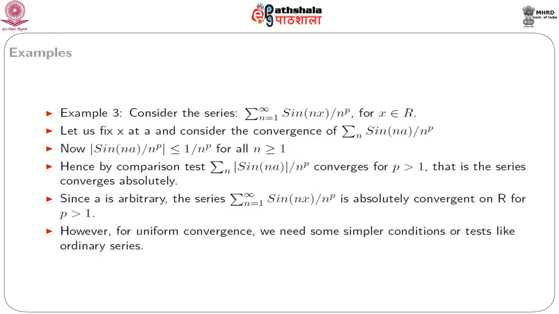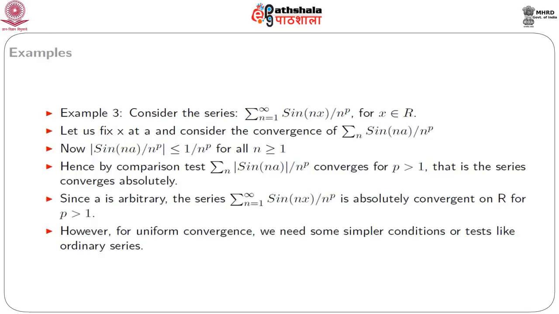Next, consider the series with the nth term as sin(nx) divided by n^p, where x belongs to the real line. So, let us fix x at some point a and consider the convergence of the summation of sin(na) divided by n^p. Now, we know that since sine functions are uniformly bounded by unity, the absolute value of sin(na)/n^p is less than or equal to 1/n^p for every n greater than or equal to 1.